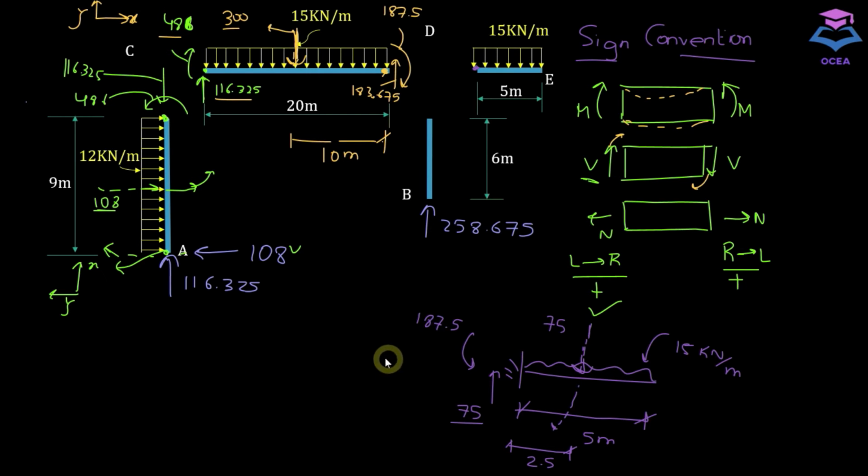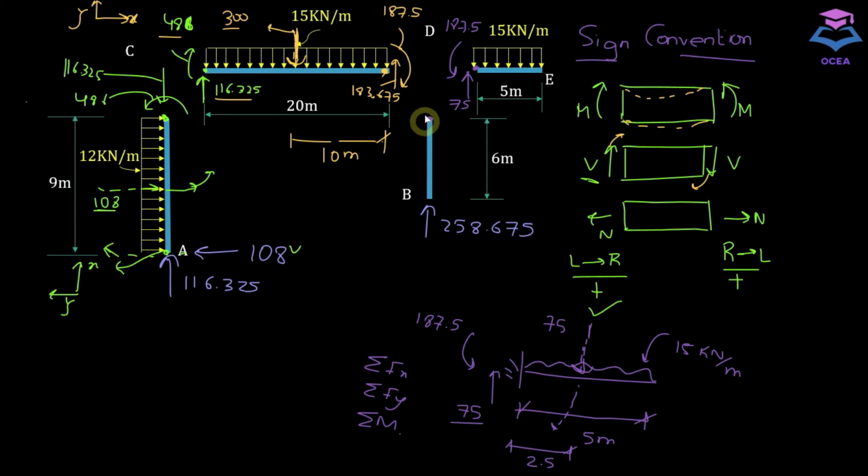So basically what I'm doing is applying the conditions of equilibrium, summation of Fx, summation of Fy, and summation of moment, to get these reactions. Now just write them here. We have a 75 kilonewton force, and we have this moment 187.5 acting in counterclockwise direction. Now we need to transfer these moments and shear force to this end of the member.